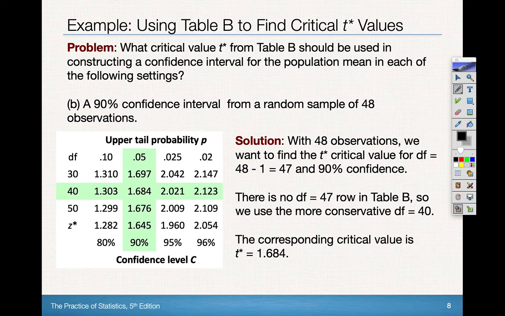I don't suggest anyone in this class uses the t-table because you either have your graphing calculator or you can use the Graph and Calc 83 app, which will do this for you. So there's no real reason to ever use Table B. I repeat, there's no real reason. If you do really want to use it, you just have to remember to round down your degrees of freedom when they get to the large numbers bigger than 30.